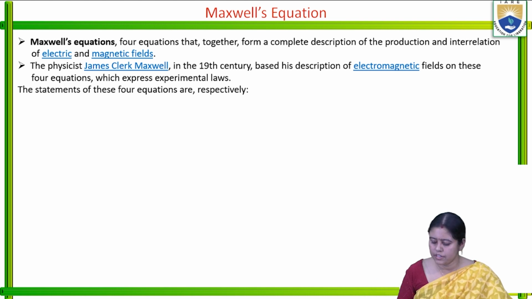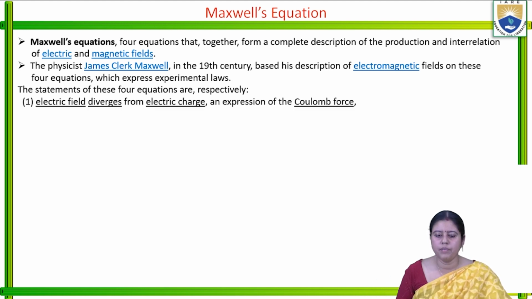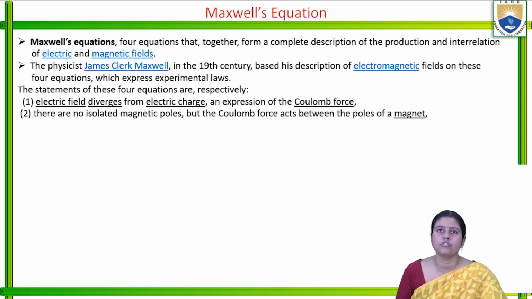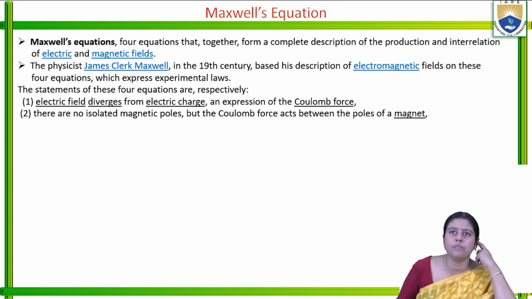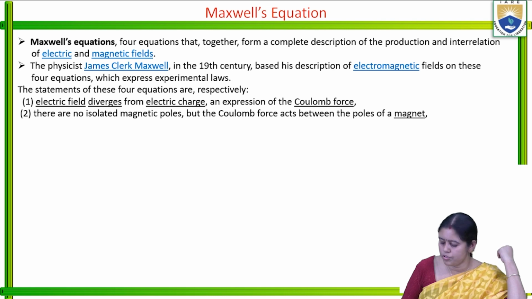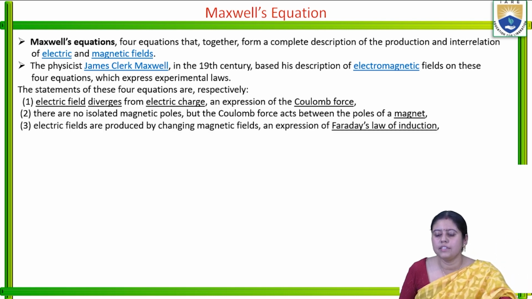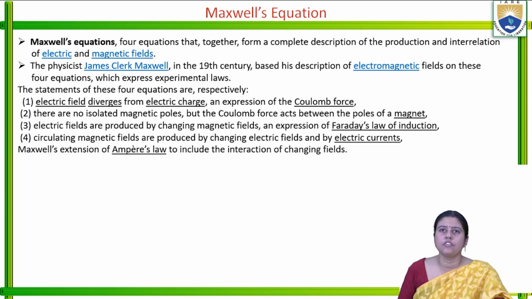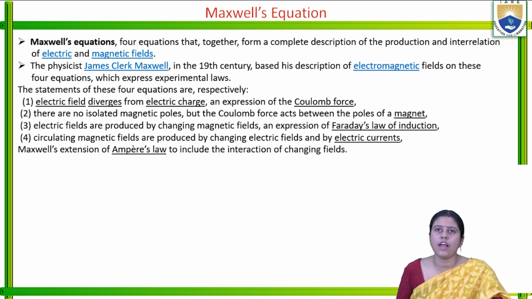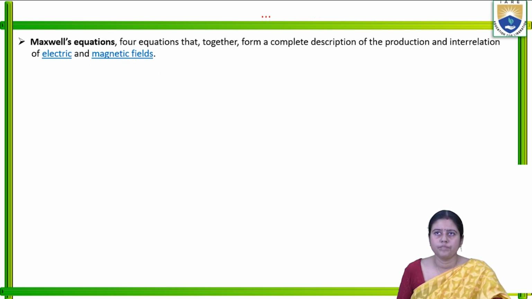The 4 equations are, respectively: the electric field diverges from the electric charge, which is the modified Coulomb's law or Gauss law; there are no isolated magnetic poles; electric fields are produced by changing magnetic fields, which is the modified Faraday's law; and the last one is the modified Ampere's law or Ampere's circuital law.